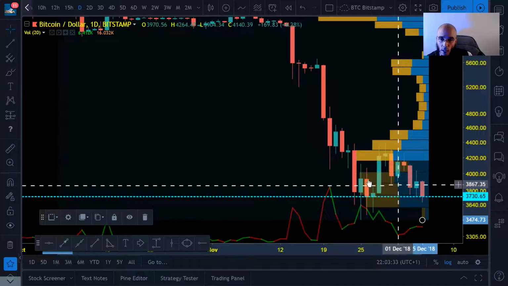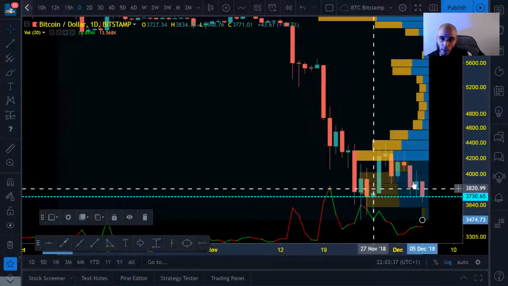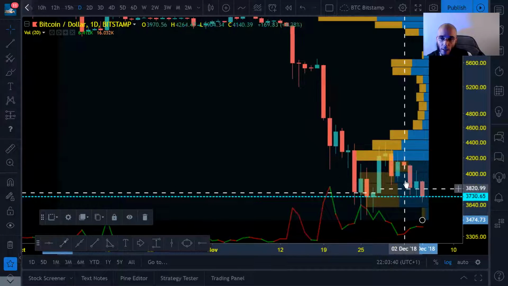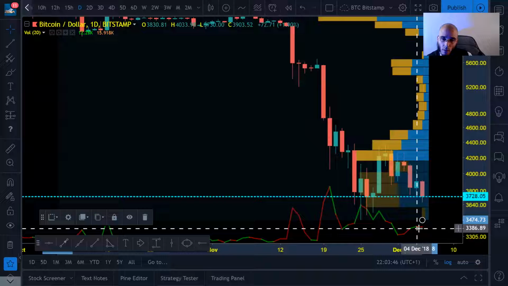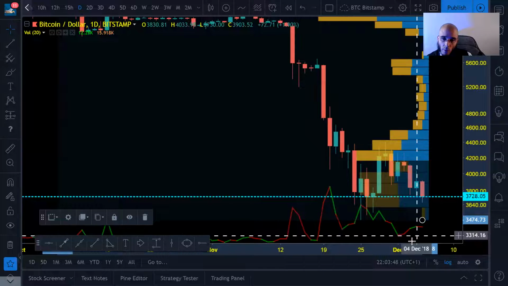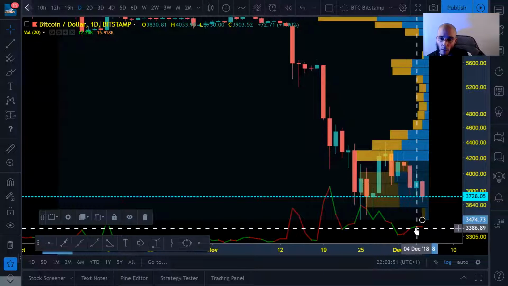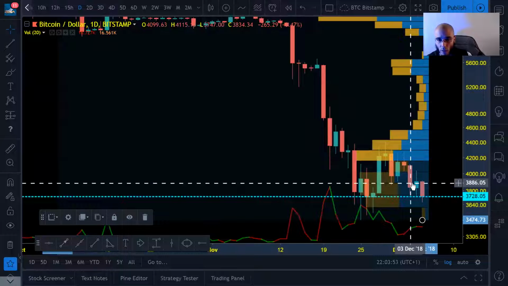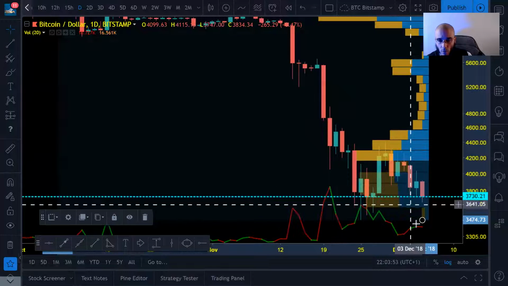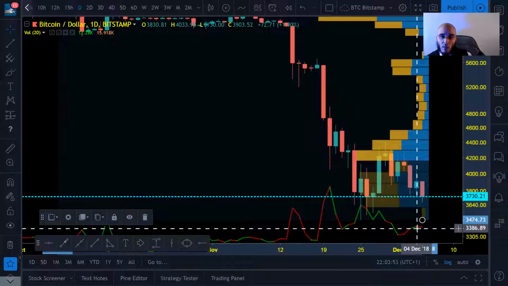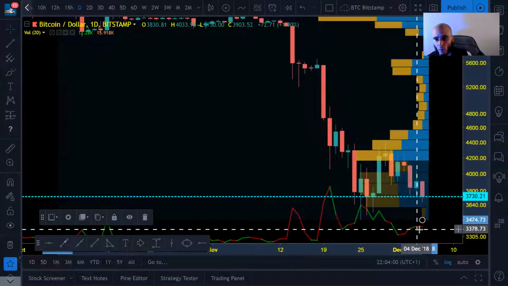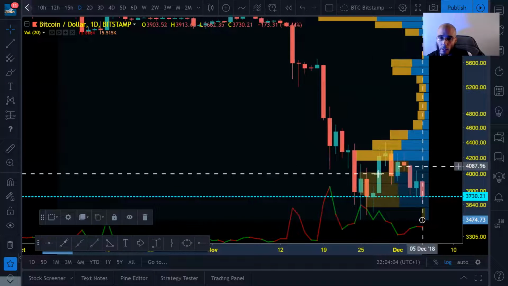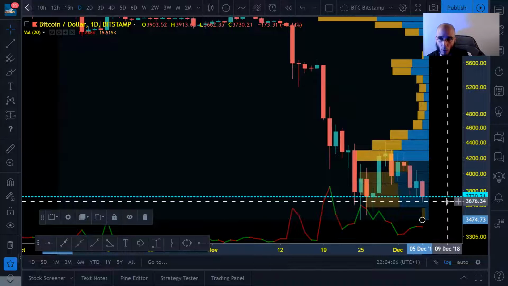So as long as we stay here, price could keep at that level, but as soon as we drop below, there are no people buying here. Volume is not as bad as it was in the past, but it's not as good as it was here. So it's intermediate. I would give it a neutral on volume. It's better than in the past. Let's give it positive. And here you have some buying action, but I don't think it will hold.